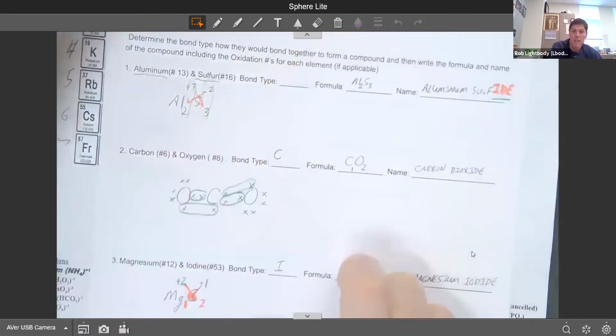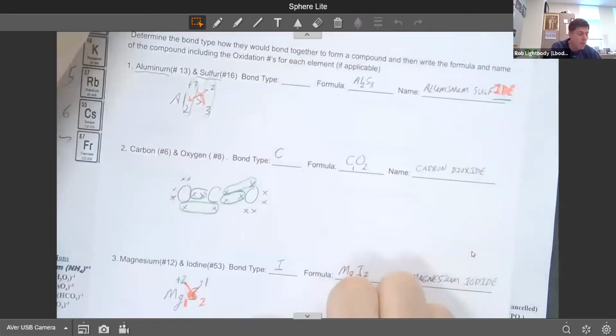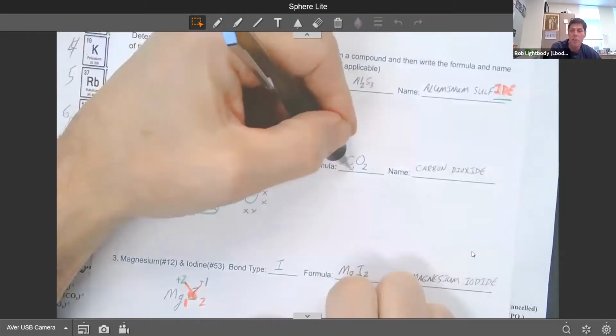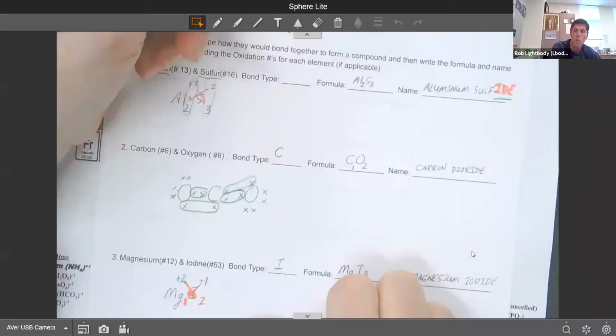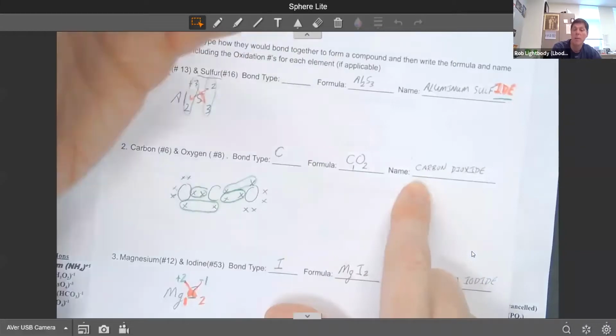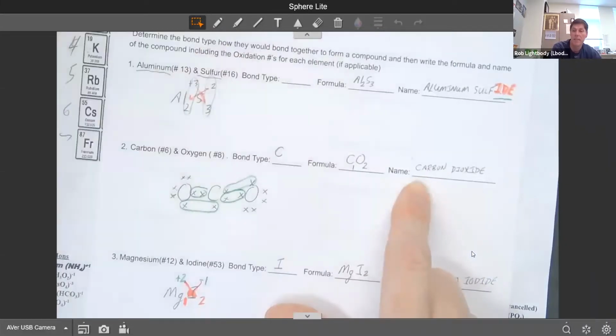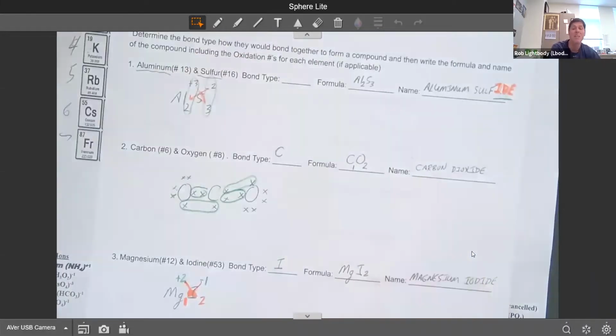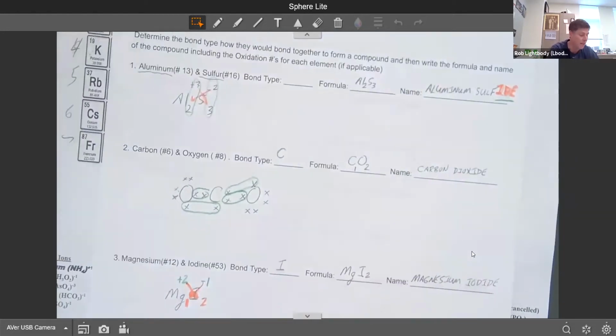So, carbon dioxide. Now, sometimes you might see mono in front of the carbon. Generally, if there's only one of the first element, you don't put anything, you just put the element. Sometimes you may see them put one. I've not seen any real pattern for that.